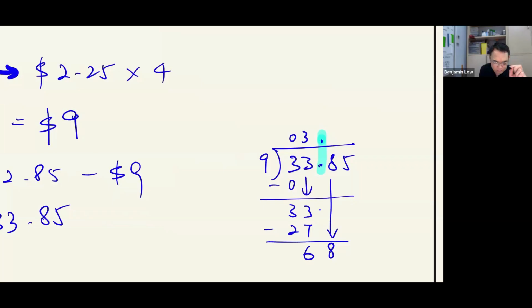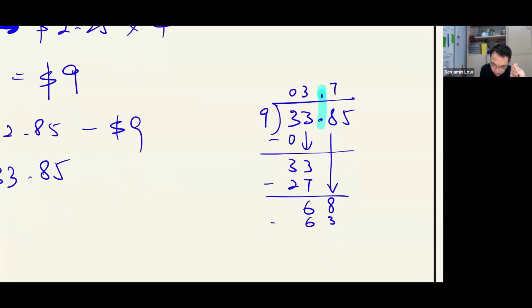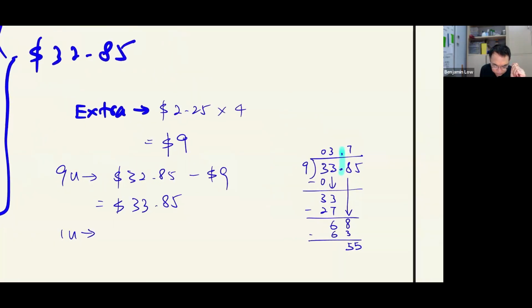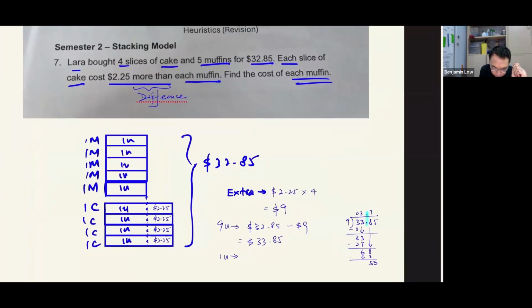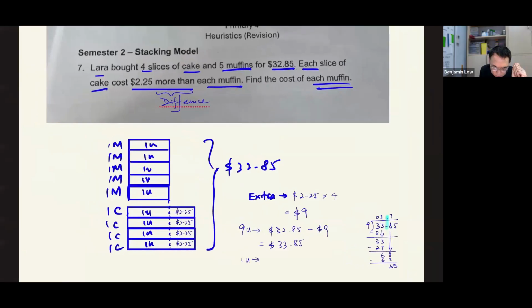No dots, right? Okay. So I'll continue. So this will be 7 times 9, 63. And 55.